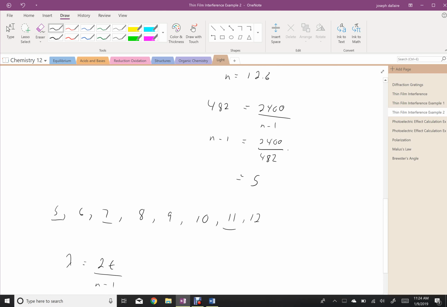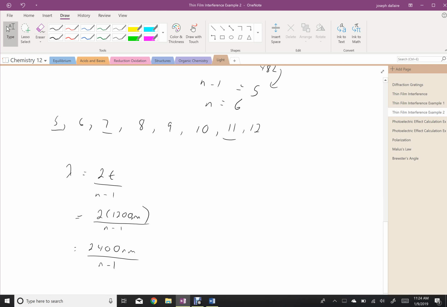Oops, sorry, this was 5. So when I bring that n minus 1, n should have been 6. I made a mistake here. When I got this, it works out to be 5, and I forgot to bring the minus 1 over. So I shouldn't be using 5. I should only be using 6 to 12. Anyway, I'll do these 3.